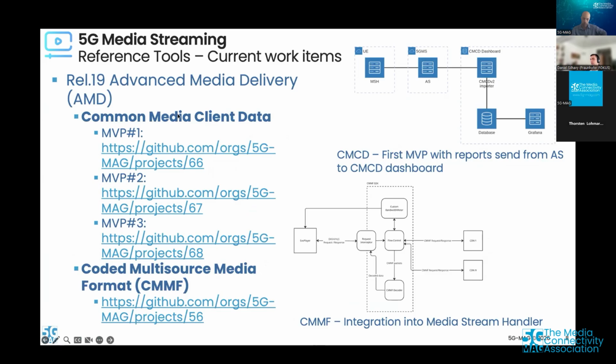Shilin is currently working on the integration so that, as a first MVP, we report CMCD data from the media stream handler, from the media player, to the application server. From there, we have a small Lua script that transfers this data to a dashboard, and then you can visualize it and also look into the details. If we have time in the end, we can check the status on that. Otherwise, it's all on GitHub.